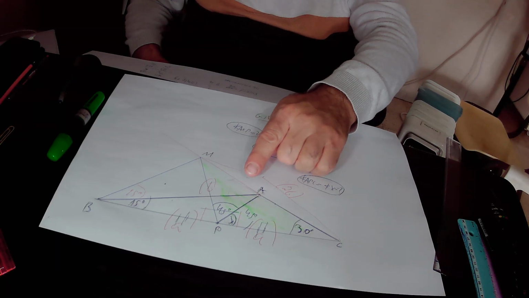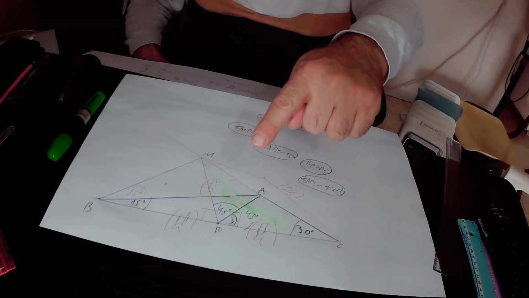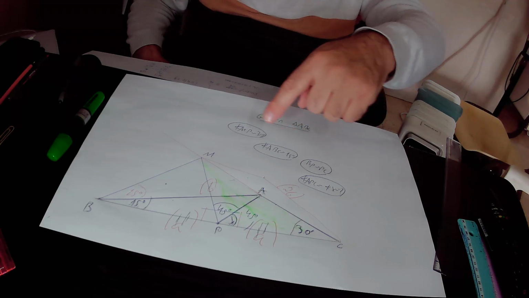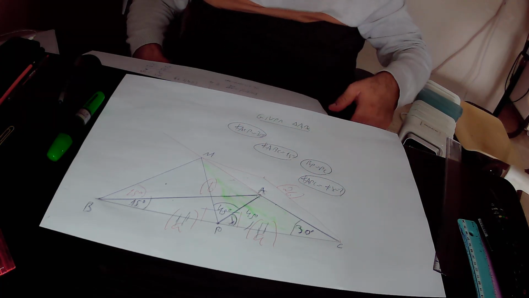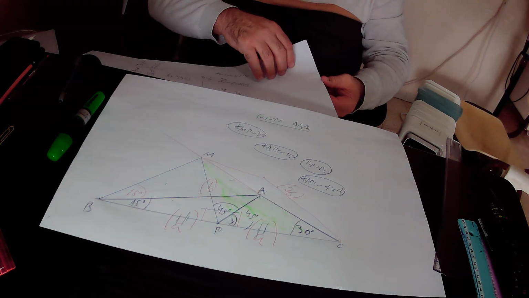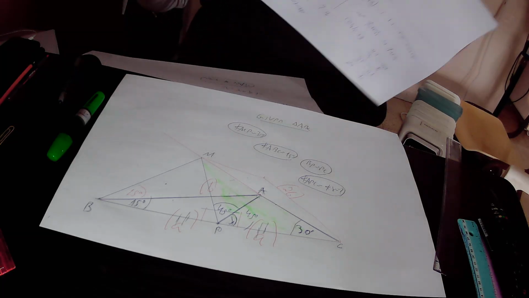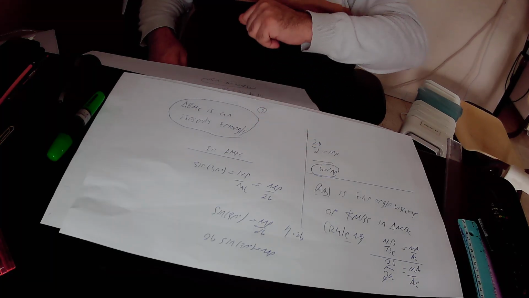In this right triangle MPC, sin 30 degrees equals MP over the hypotenuse MC.